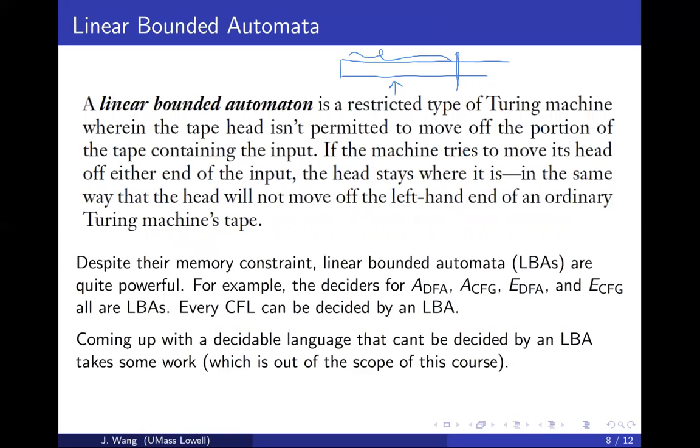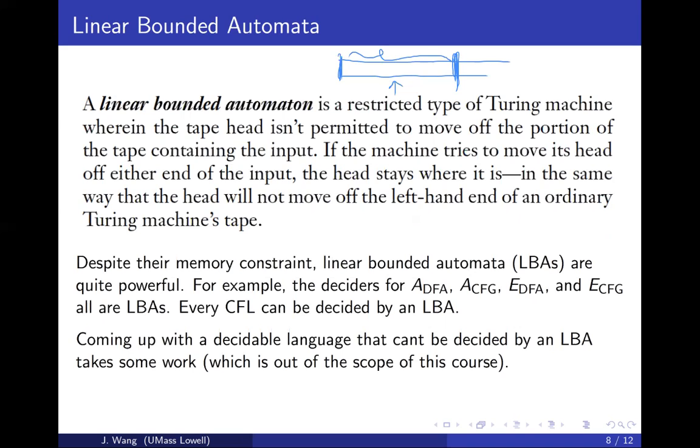If the machine tries to move its head off either end of the input, the head stays where it is. This is the left end, this is the right end, so its moving range is only in this part. It is the same way that the head will not move off the left-hand end of an ordinary Turing machine's tape.